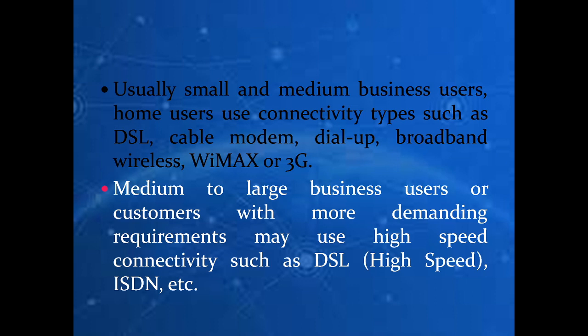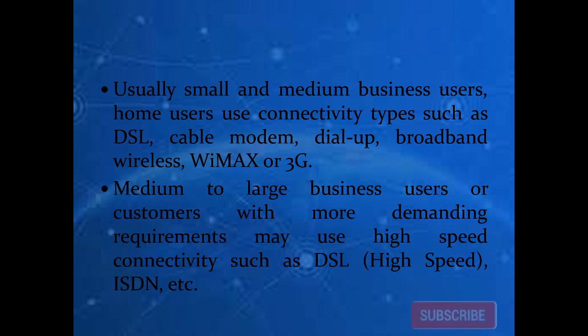But from medium to large business users, or where the demand is very high speed connectivity, then in those locations DSL and ISDN are used. Okay, so let us discuss what is the meaning of these terms that we have discussed right now.